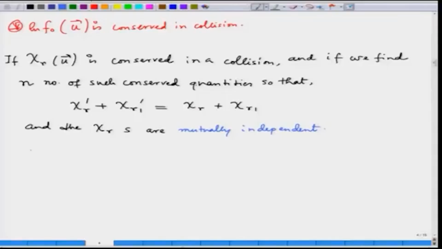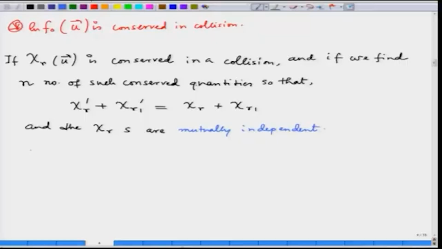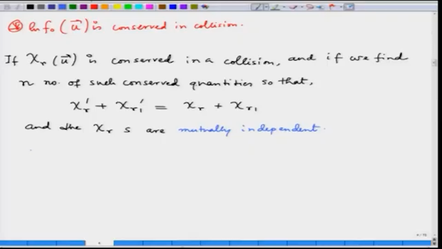Then if you just put u to the power 0 over there, then you will see that 1 plus 1 will be equal to 1 plus 1. So, 2 particles will be 2 particles. So, now all this, the number conservation, the conservation of the linear momenta component wise of course, and finally, the conservation of kinetic energy, all are the mutually independent conserved quantities in a collision.